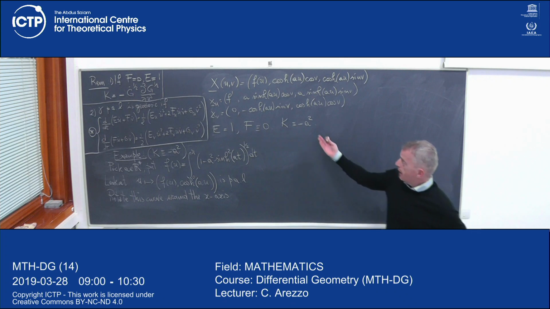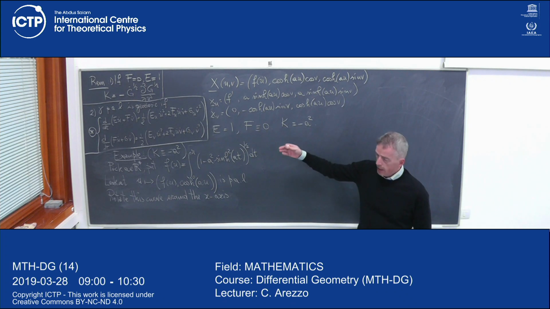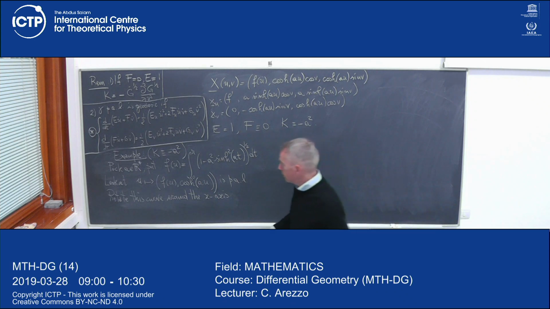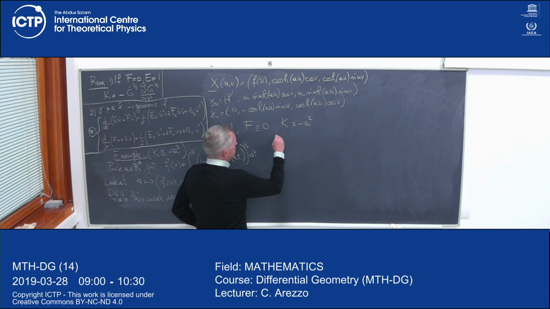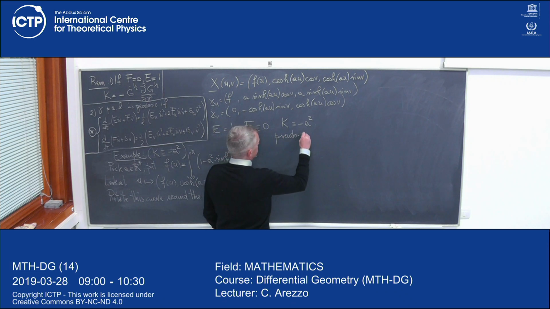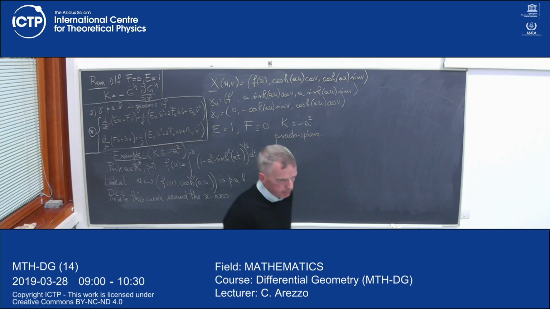The dependence is not like 1 over a squared, but it has the same role: the Gauss curvature changes depending on a. So, for these reasons, this surface is called the pseudosphere. It's a sphere of negative curvature.